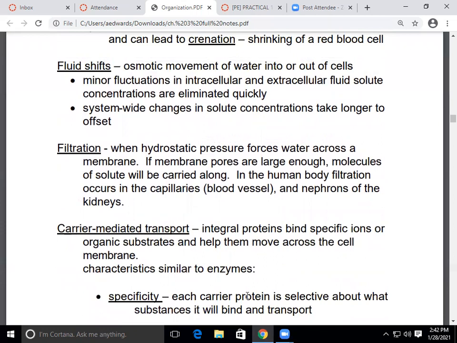So fluid. All right, so you can shift the fluid. So here you got osmotic movement in your water. It goes in or out of the cell. You get minor changes or fluctuations in your fluids inside and outside the cell, particularly in the concentrations of the solutes. All right, and those fluctuations get eliminated quickly. All right.